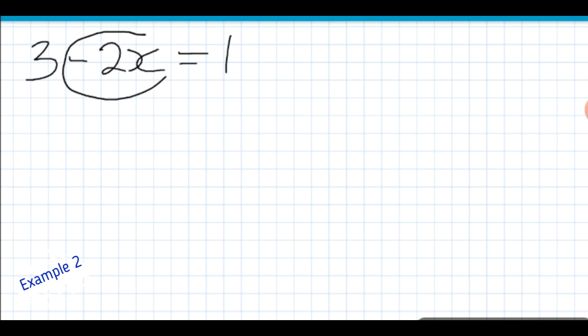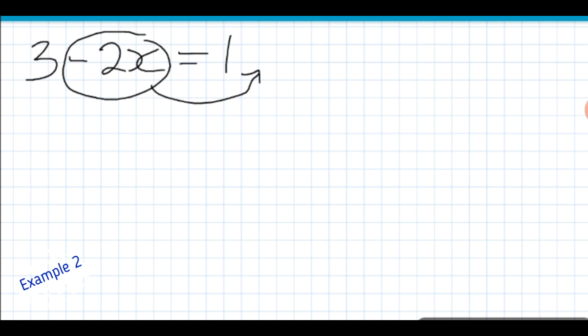Okay, let's try this very simple one. 3 minus 2x is equal to 1. Instead of taking this 3 over to this side, you can also take this minus 2x onto the other side.